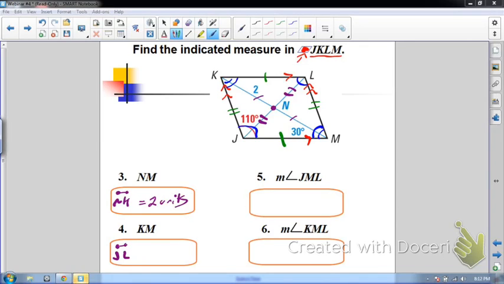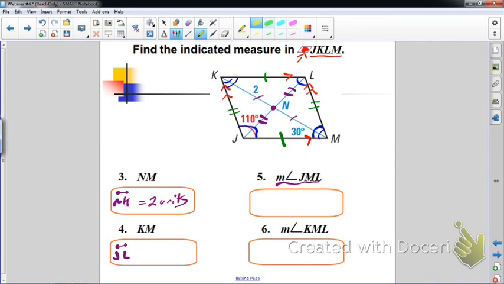So now let me look at this. I'm looking at the measurement of angle JML. So let me get a highlighter so that we can see. I'll highlight it in green. So I begin at J and I'm going to go to M. So here we go, J to M to L. This one here. Now this is unique for us because I'm taking into consideration the double arc that you see here.